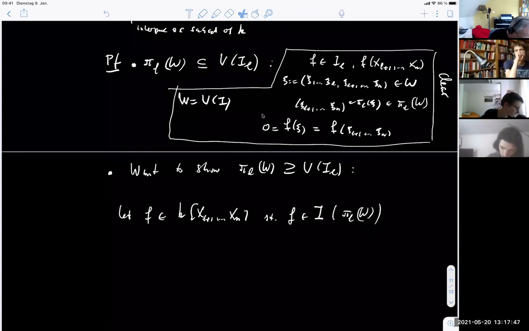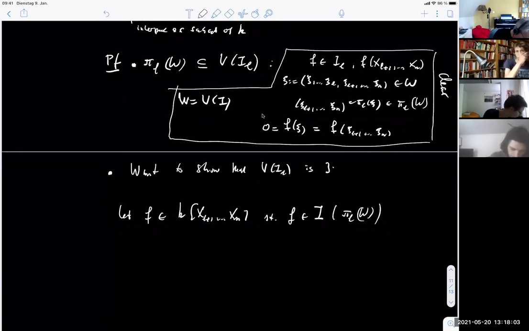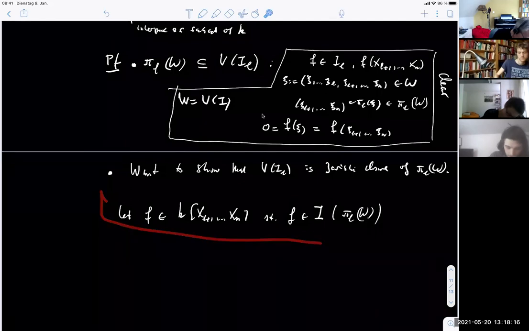Yeah, this is actually, I don't want to show that. This is wrong. I want to show, sorry, that this is the Zariski closure of pi L of W. Okay, I have to go slowly, otherwise you will not understand.